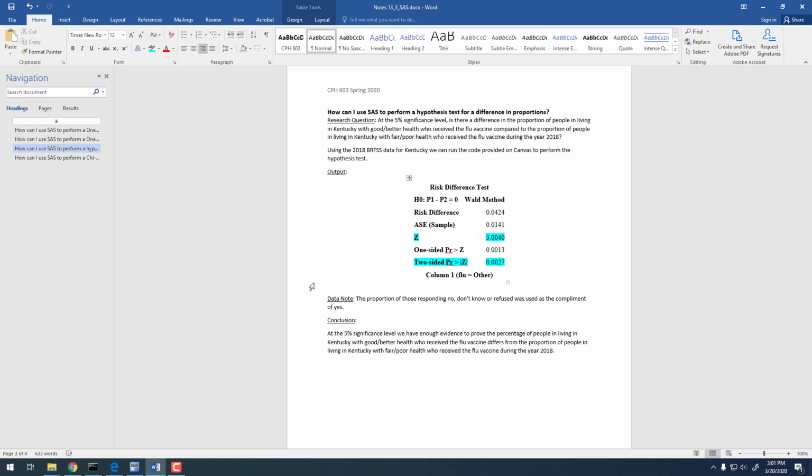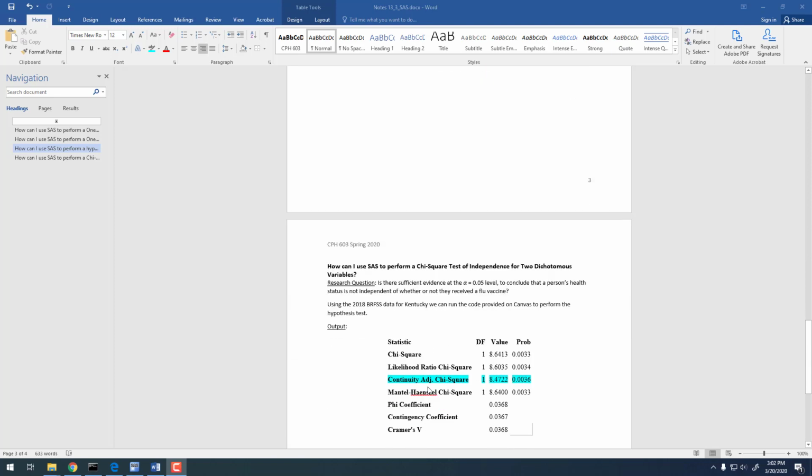So again, notice our p-value is less than our significance level. So here we can say at the 5% significance level, we have enough evidence to conclude the proportion of people living in Kentucky with good, better health who received the flu vaccine differs from the proportion of people living in Kentucky with fair, poor health who received the flu vaccine during the year 2018.